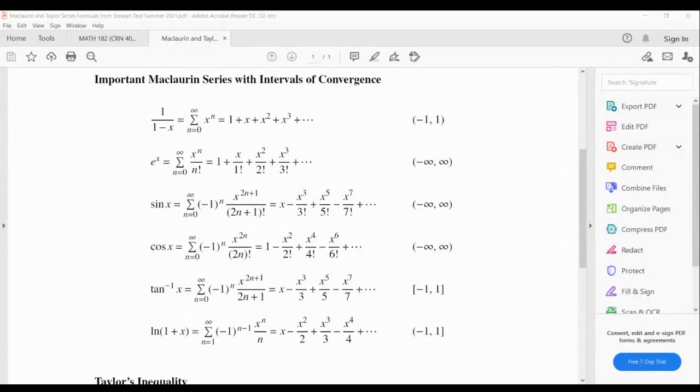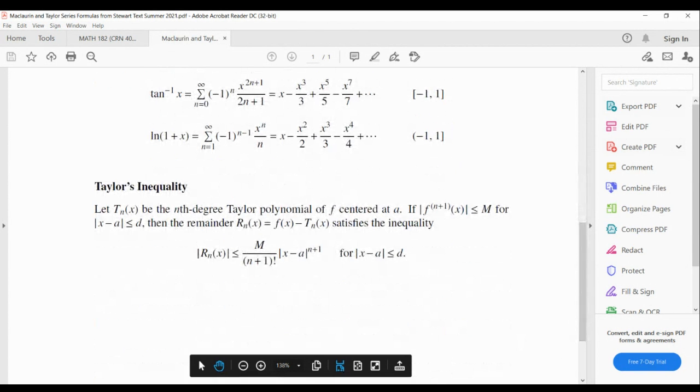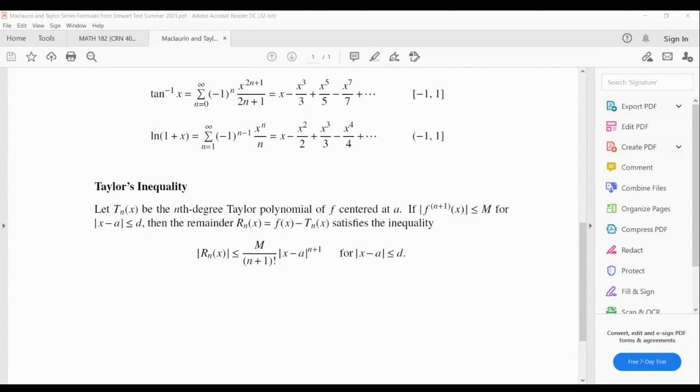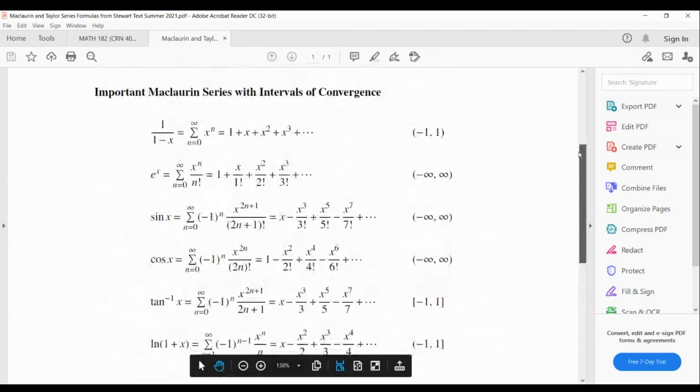So that's there. And then at the bottom, there is a formula called Taylor's inequality, and Taylor's inequality we're going to talk about on Thursday. That goes with section 8.8. So that being said, we can actually make use of these formulas.